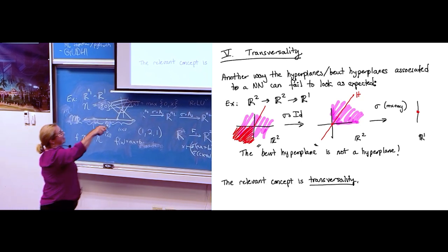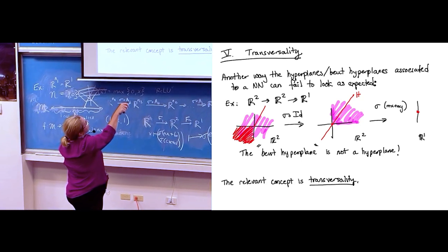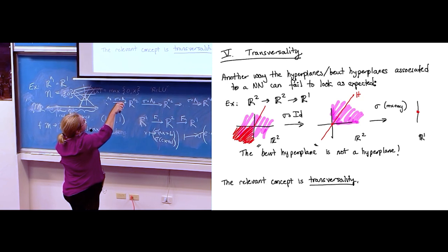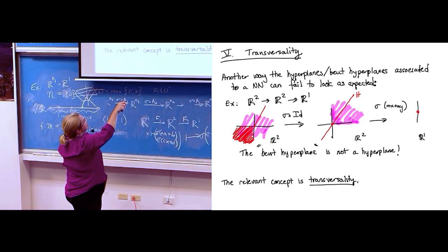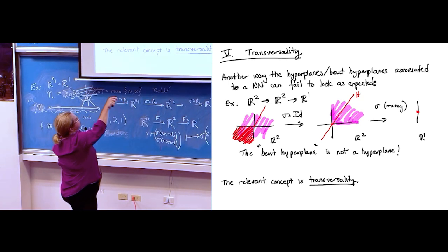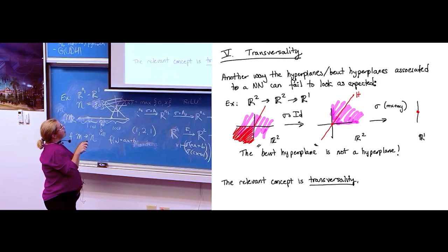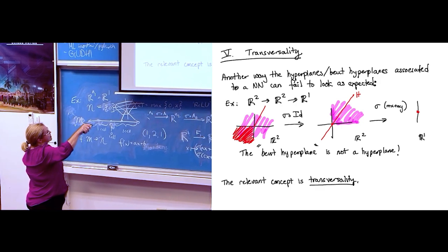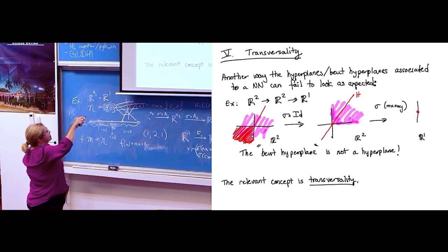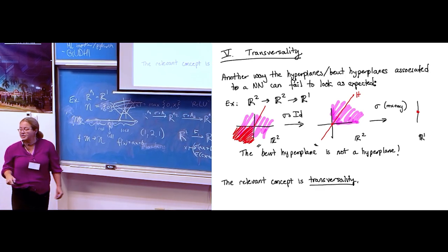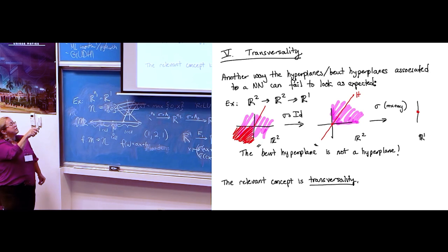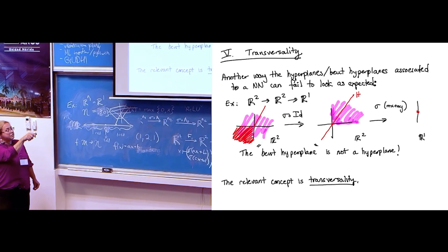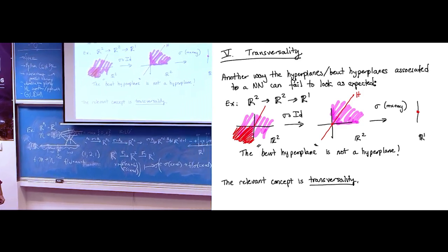Okay, so what's the problem? The problem is when we take this hyperplane here and we try to pull it back, its preimage is the red set here. So this preimage is here. The problem is it's not the right dimension, because everything in this third quadrant gets mapped to the origin, which is part of this hyperplane.